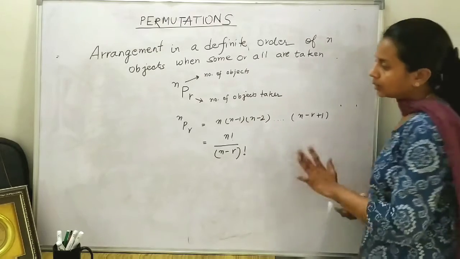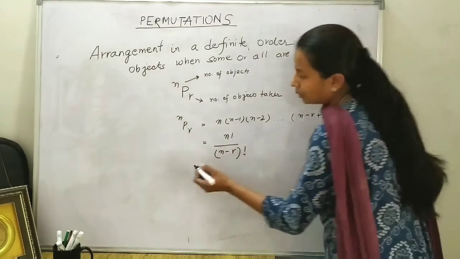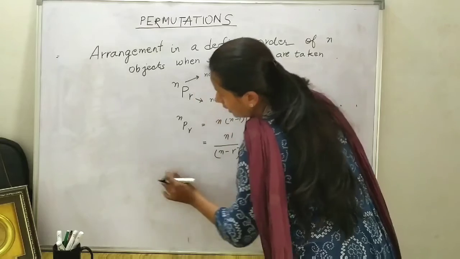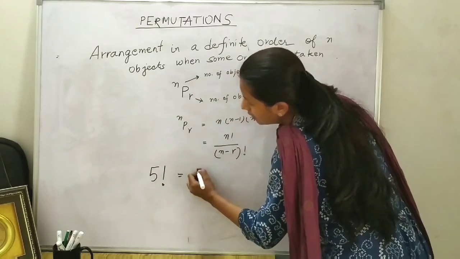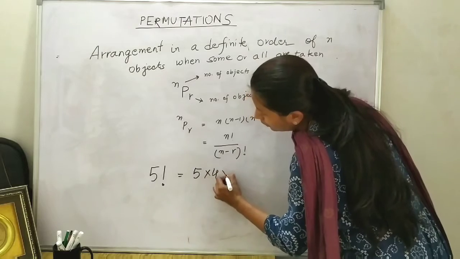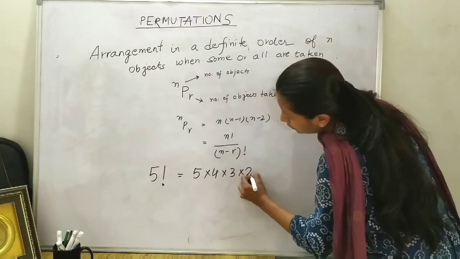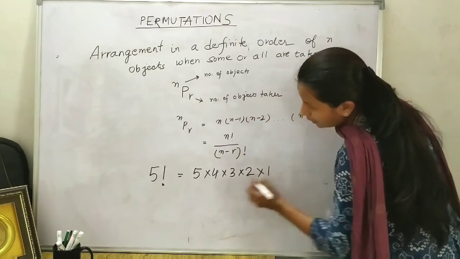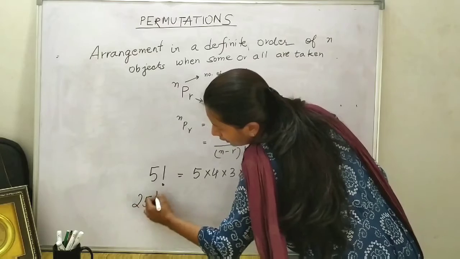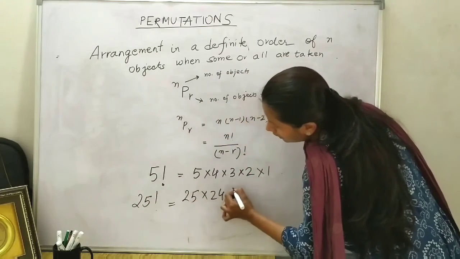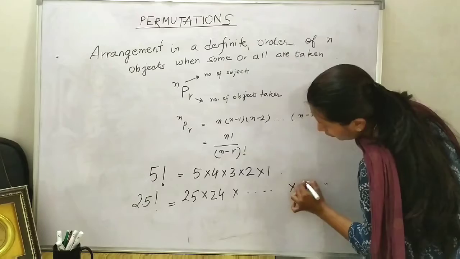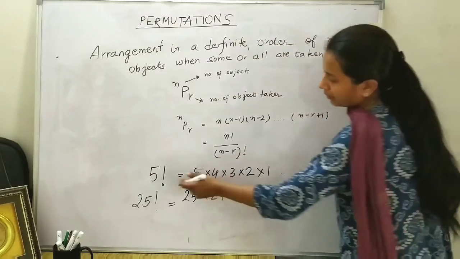Okay, now factorial notation is like, if I write 5 factorial, it means 5 into 4 into 3 into 2 into 1. Okay, if I write 25 factorial, then it is 25 into 24 up to 1. Factorial notation is this.